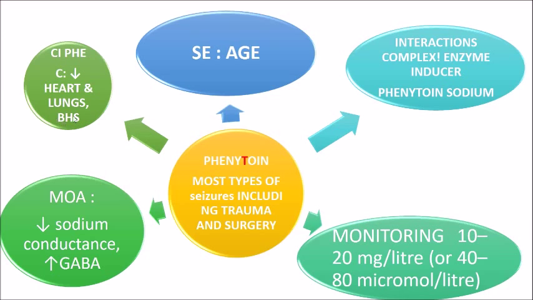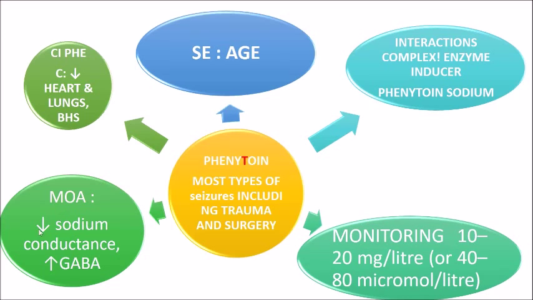So remember blood, hypersensitivity, hepatic, and skin reactions for phenytoin. Mechanism of action is thought to reduce the fast inflow of sodium ions into the cell, which are thought to increase the risk of seizures.